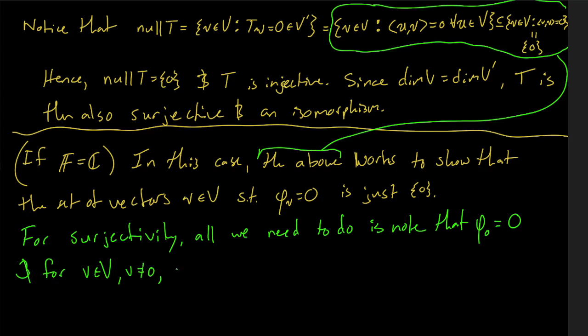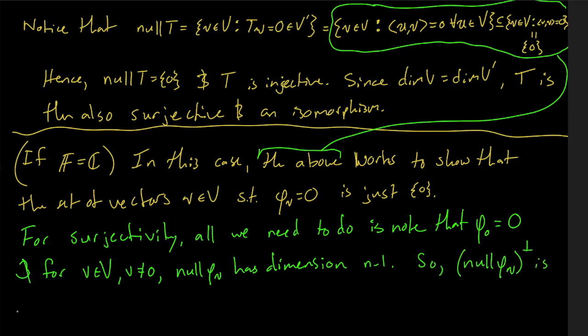and for v in V, v not equal to 0, the null space of phi_v has dimension, think about this, n minus 1. So null phi_v perp is 1-dimensional.